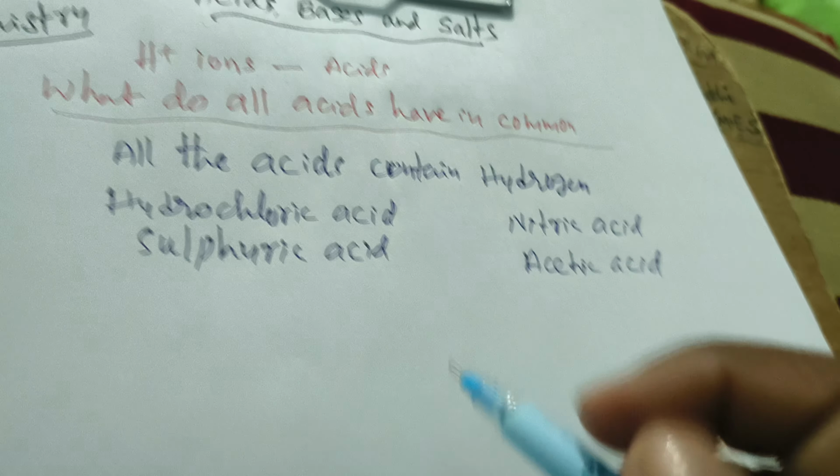Sulfuric acid formula is H2SO4. Nitric acid formula is HNO3. Acetic acid formula is CH3COOH. Observe all these acids: here hydrogen, hydrogen, hydrogen, and hydrogen. So all the acids contain hydrogen.